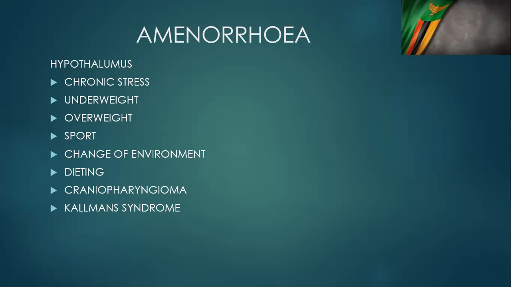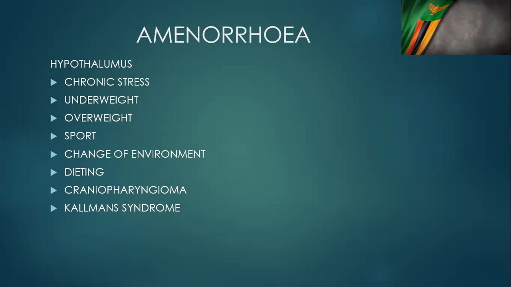So any kind of stress causes the hypothalamus not to produce gonadotrophin releasing hormone in a correct way. That causes the pituitary gland not to produce follicle stimulating hormone, luteinizing hormone. That eventually causes the ovary not to produce the ovum. So it causes anovulation. So you need to look at these things as stress.